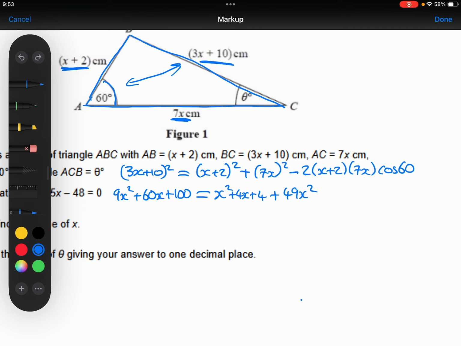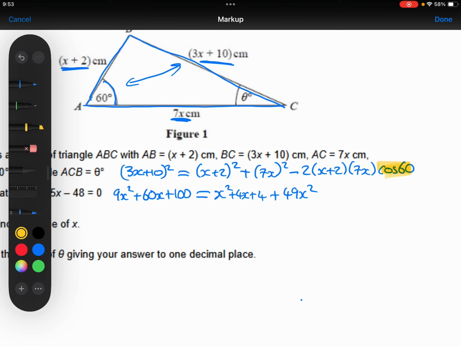Then we've got the 2 times the x plus 2 times the 7x times the cos 60. So quite a lot going on here. And because they're all being multiplied together, I can do this in any order I want. So I'm actually going to deal with the cos 60 first.